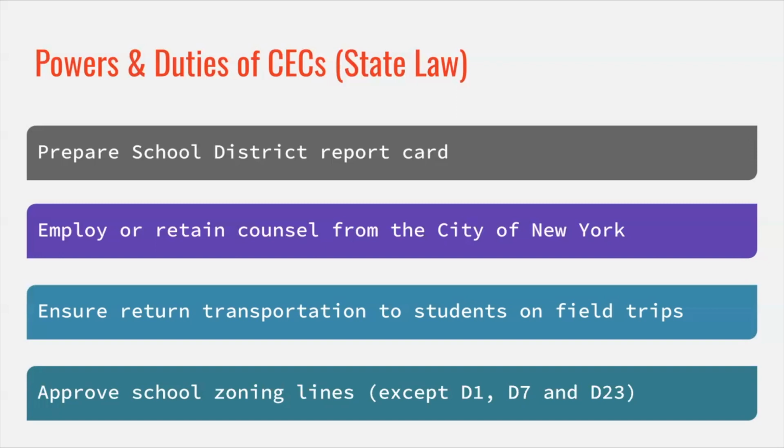These are the zoning hearing meetings that CECs hold where hundreds of parents come out, and it can get really contentious and ugly and difficult. So they didn't want to make the decisions on this particular issue.